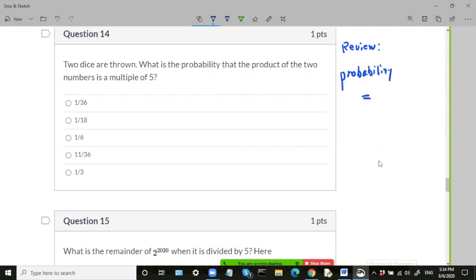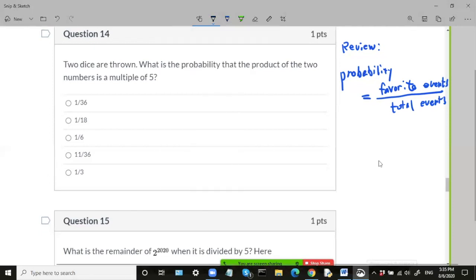Probability equals favorable events over total events. So we need to calculate the total events and our favorable events.